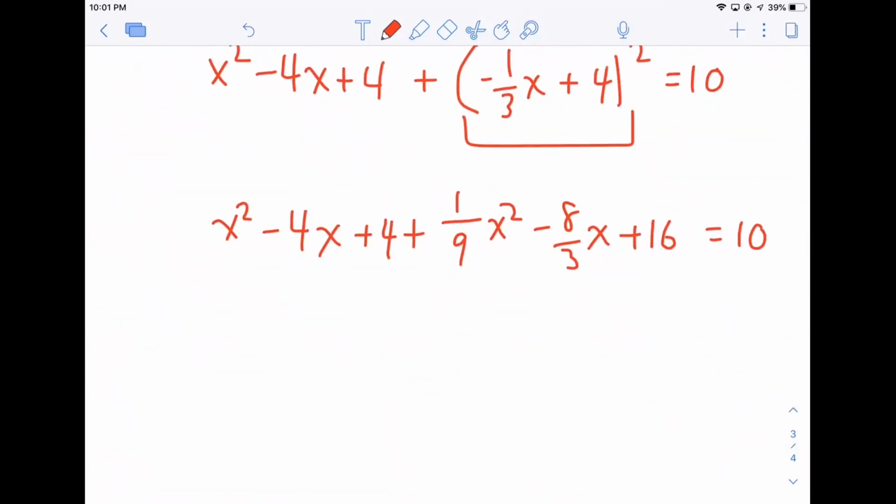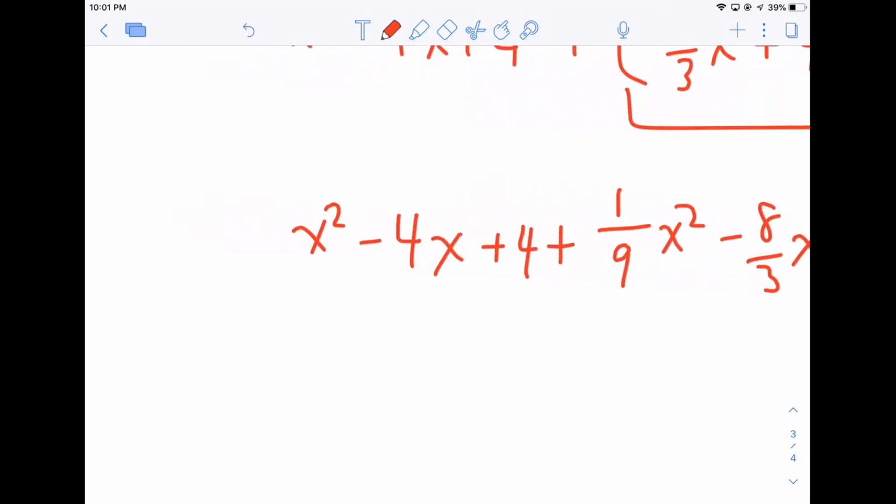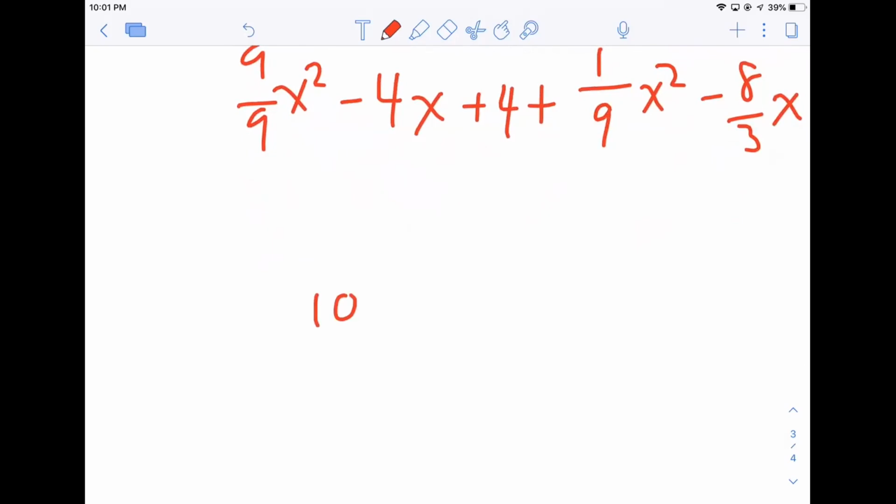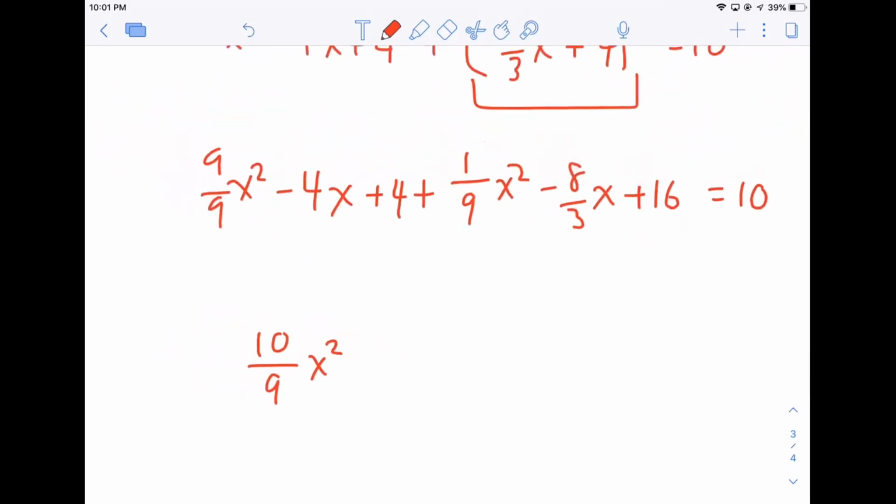So let's keep going. x squared plus 1/9 x squared, that's going to be 10/9 x squared. Make that 9/9. So I have 10/9 x squared, and adding that and this, what is that?